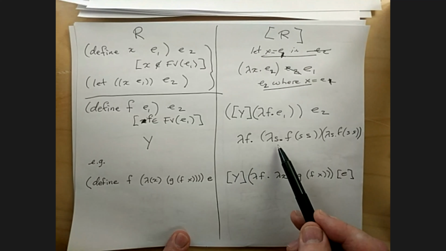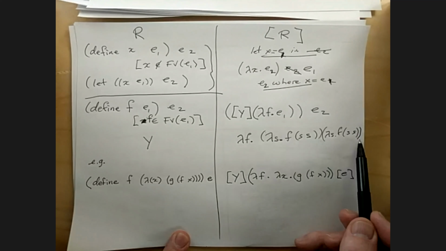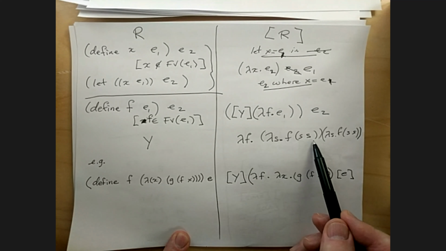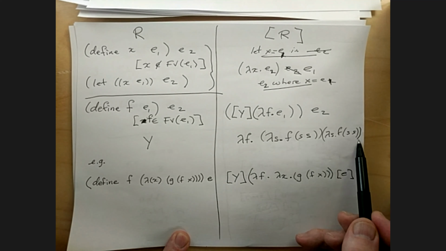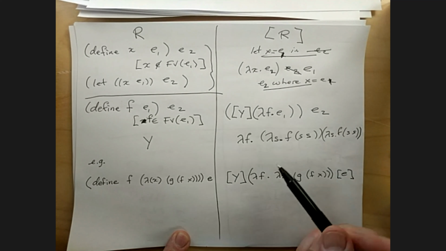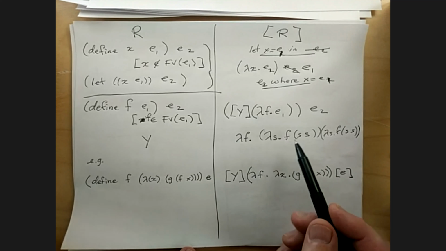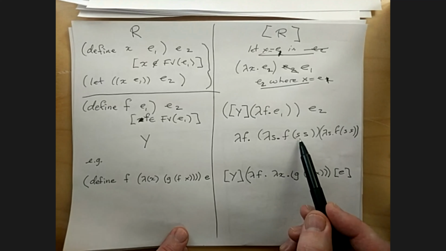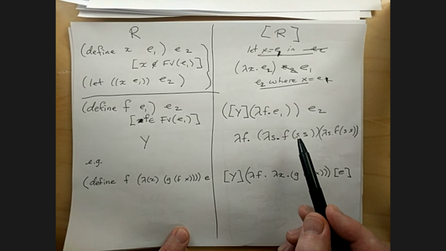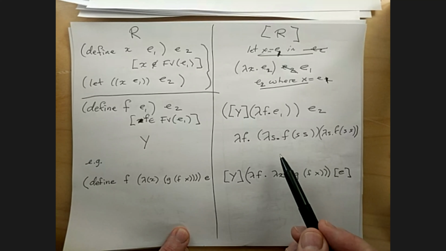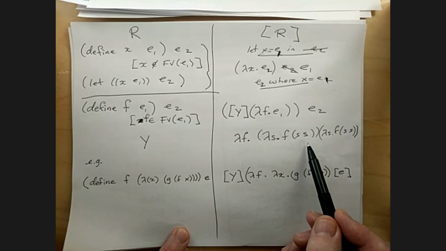Kind of a messy function, but it's parameterized by F, which is our function. And what it does is it takes this lambda function, which is lambda s dot f of ss, and applies it to itself. Okay, so basically what this does is this creates a new function that then passes to itself as a parameter to itself, just as we did last day.